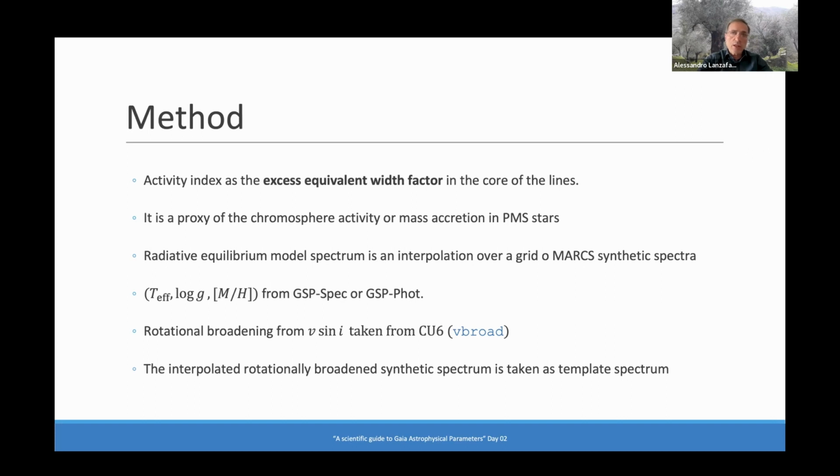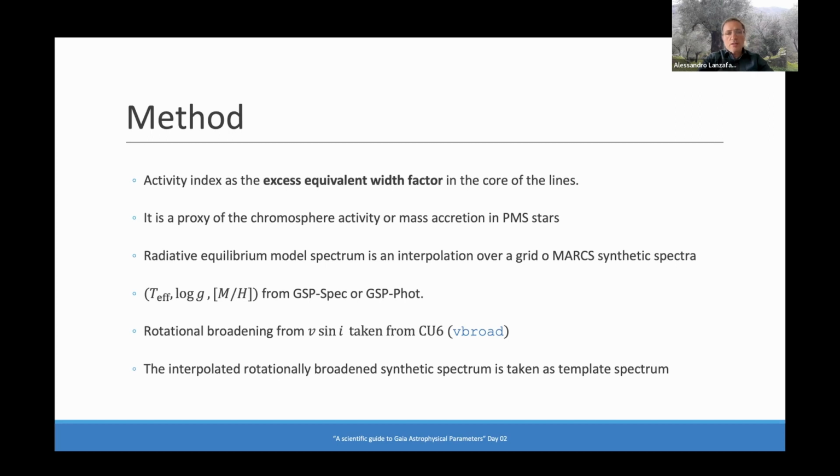In DR3, the criterion is that we take the result from GSP-Spec if present. If not, we take the result from GSP-Phot.